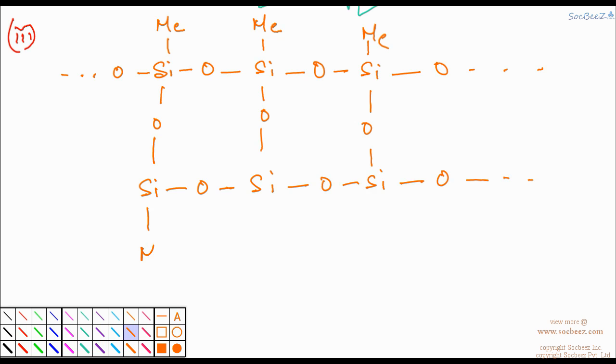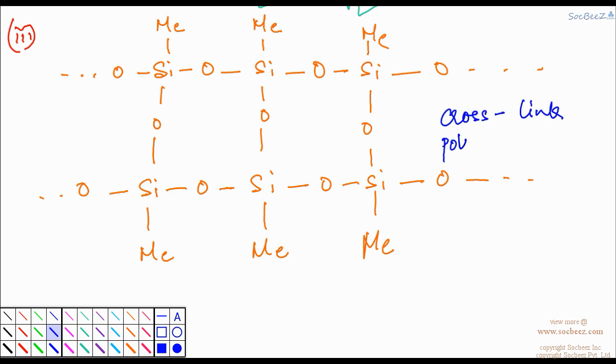Again there would be Me over here, over here, and there would be O. So you can see the two-dimensional structure, and this is a cross-linked polymer. Its chain can go in both directions and form an entire sheet.